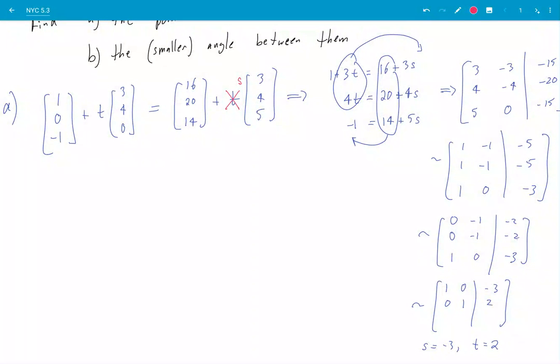And I'll take this t and plug it in here to find the point they have in common.